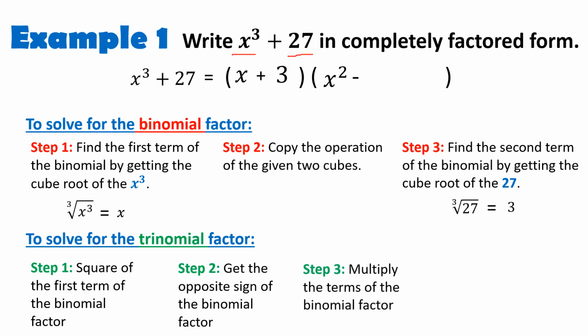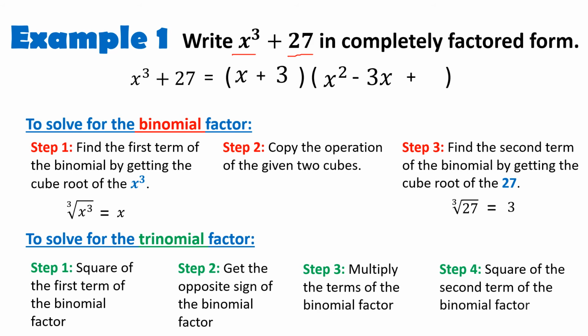Step 3, multiply the terms of the binomial factors. So x times 3 is equal to 3x. Always write down plus. And then for step 4, square the second term of the binomial factor, which is 3.